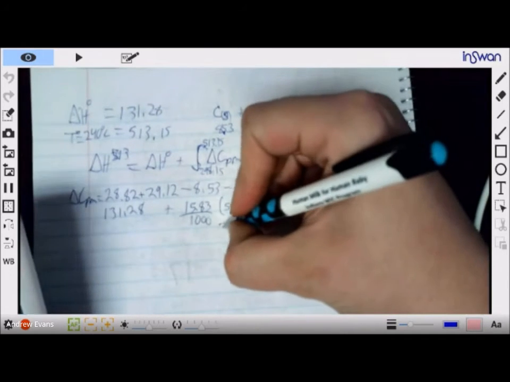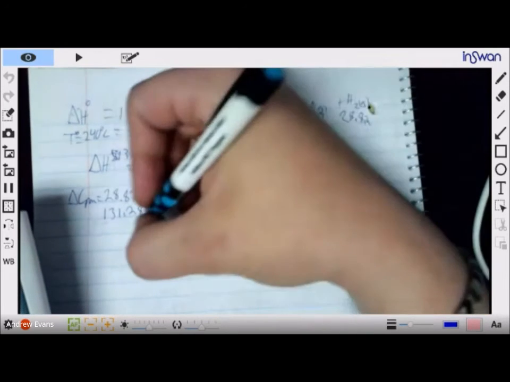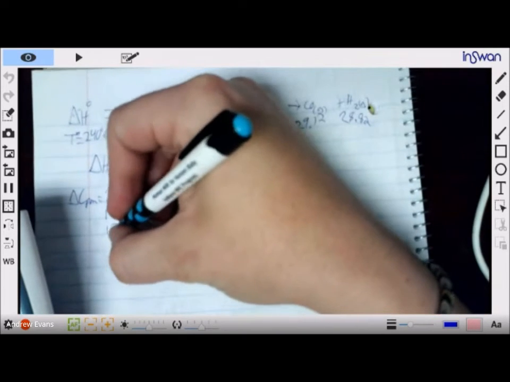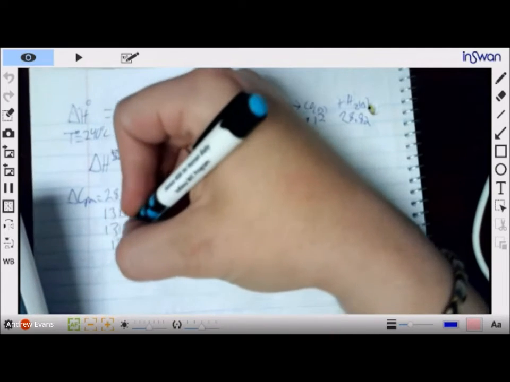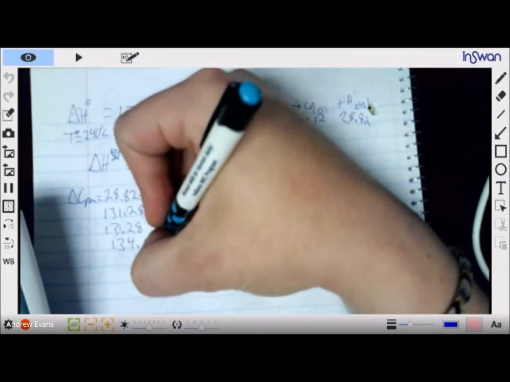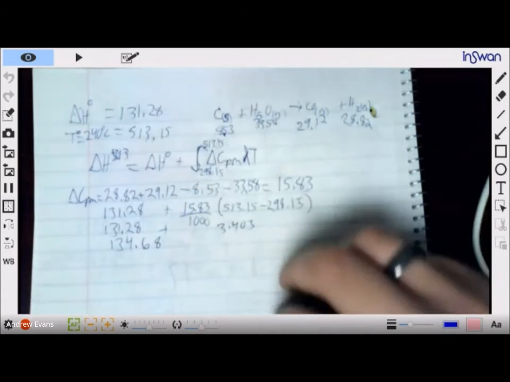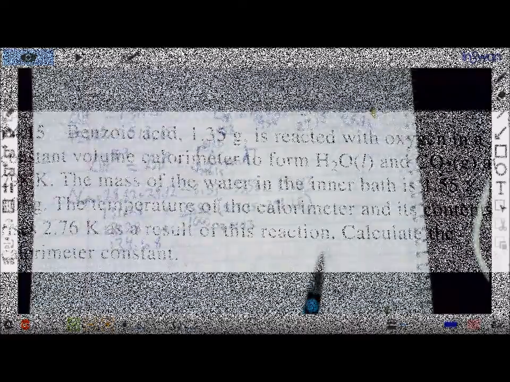This whole term goes to 3.403. Adding that to the 131.28 becomes 134.68. We've gone up by a couple kilojoules. Once again, not by a huge amount, but by enough.